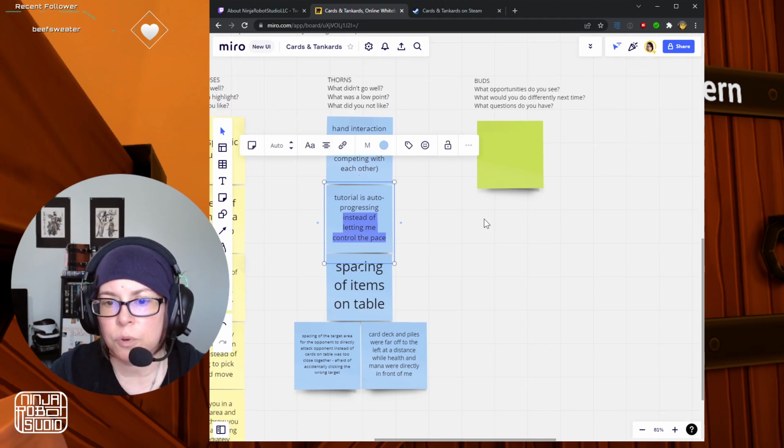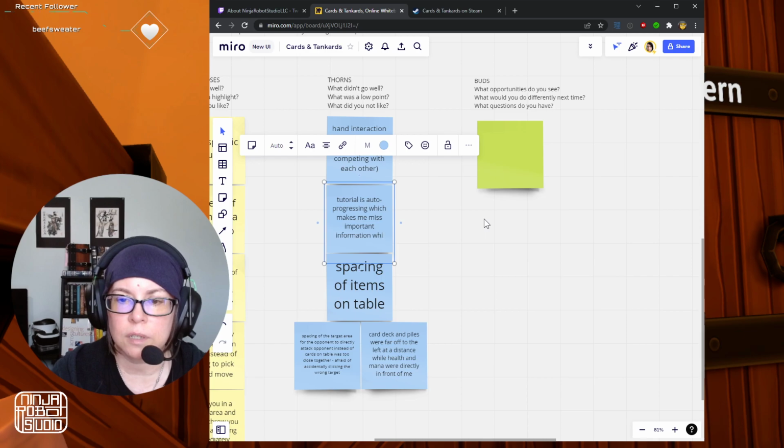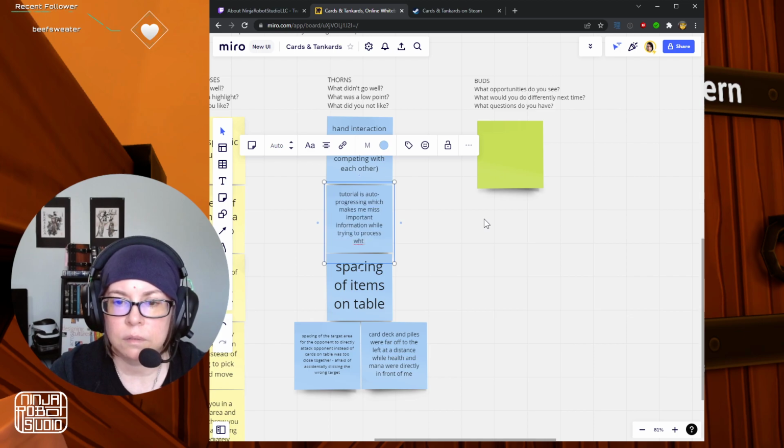So it is auto-progressing, which makes me miss important information while still trying to process what was previously said. So that is information overload.